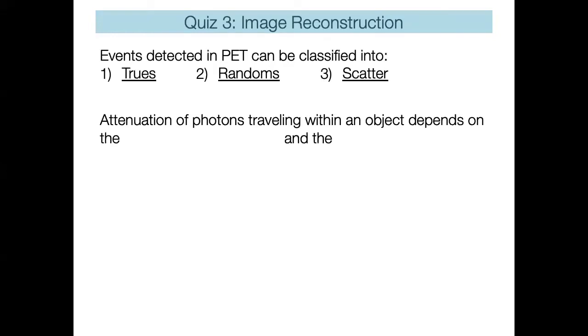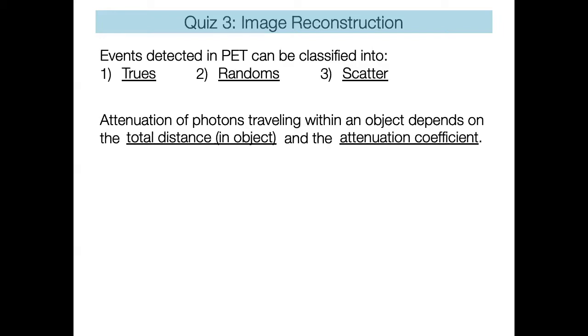Attenuation of photons traveling within an object depends on the total distance in the object, and what else? Yes, thank you very much. Attenuation coefficient. The raw image data in PET is stored in a sinogram. That's correct. That's the raw image space.